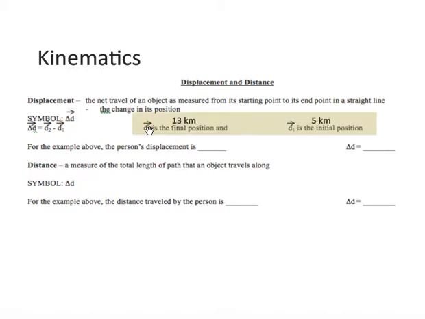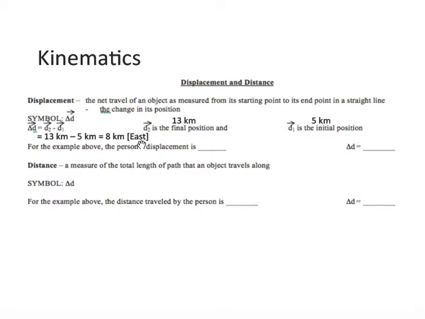Now, in our situation, d2 was 13 kilometers, that was the final position, and d1 was 5 kilometers, that was the initial position. And so please fill this in your notes. For this first example we just did above, delta d, which is d2 minus d1, the change in position, 13 kilometers minus 5 kilometers equals 8 kilometers east.